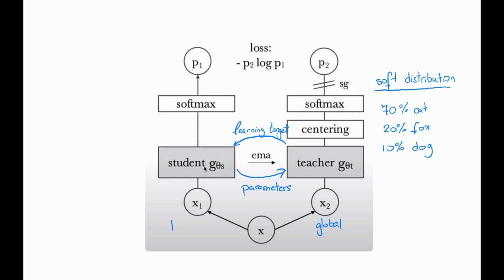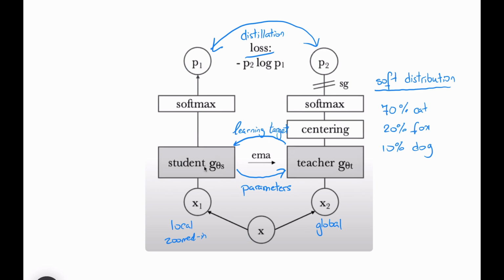The student sees a more zoomed-in local crop, and it tries to match that same soft distribution of the teacher. That is the distillation loss: the difference between the soft targets produced by the teacher and the prediction produced by the model.